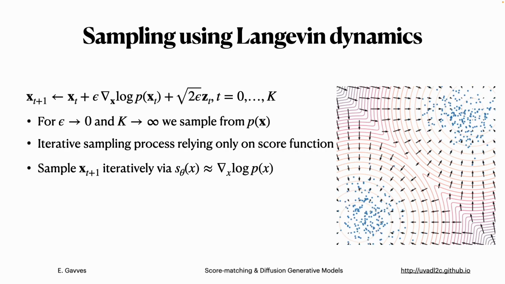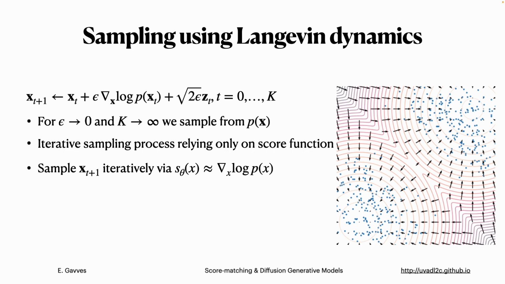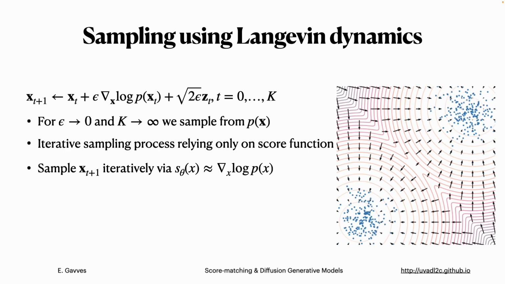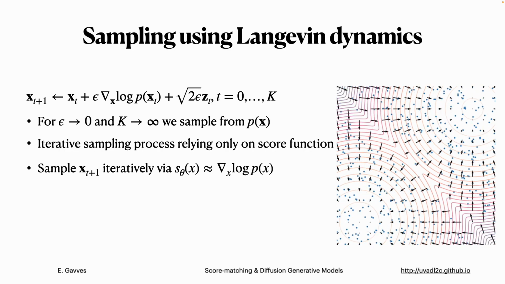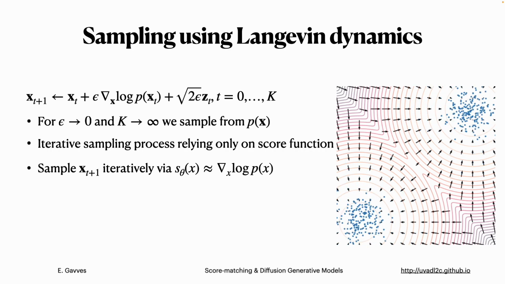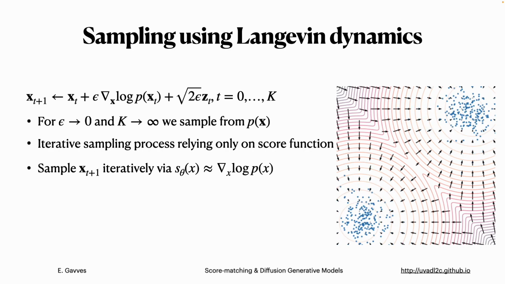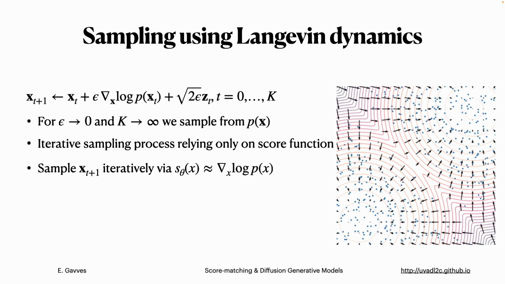Again, in the limit, we are guaranteed to sample from our true data distribution.